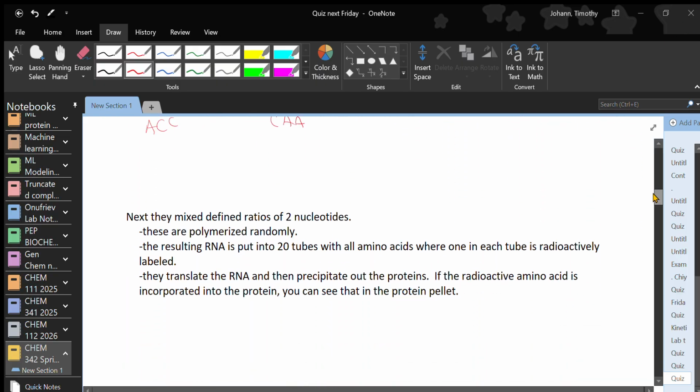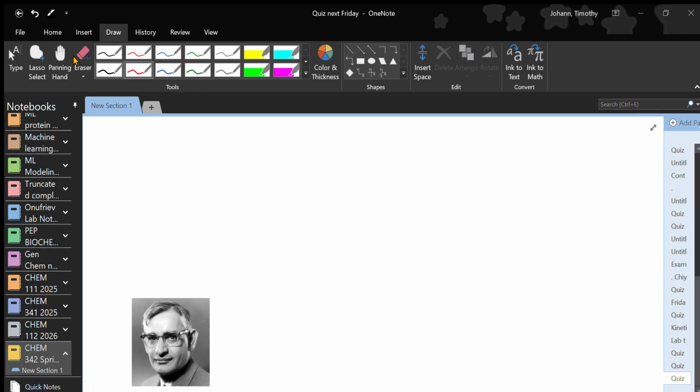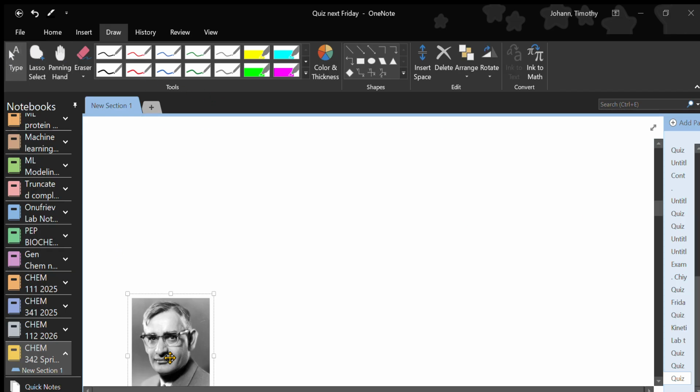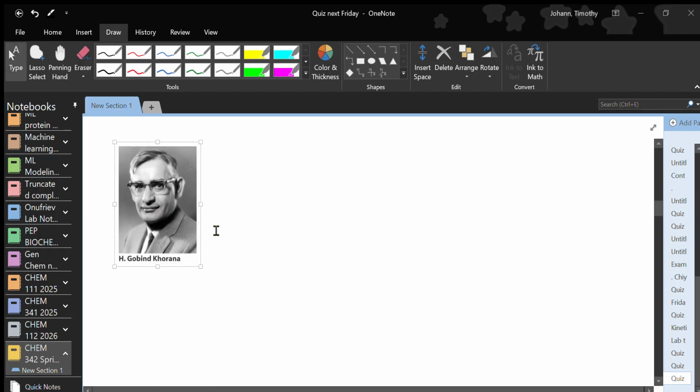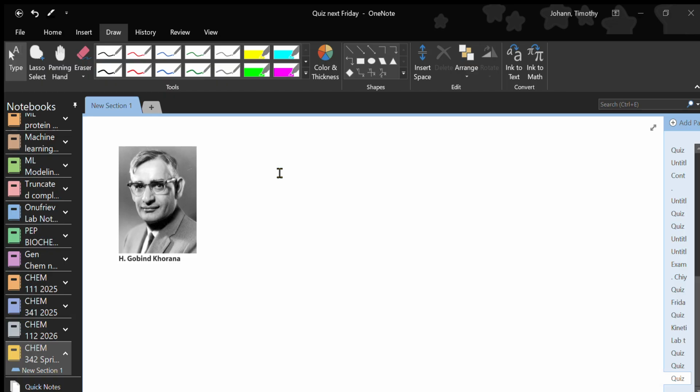But then what came along is, I don't know that I'm going to get this guy's name right, but Gobind Khorana came up with a way to find polynucleotides where you could alternate them. So you could do CA, right?